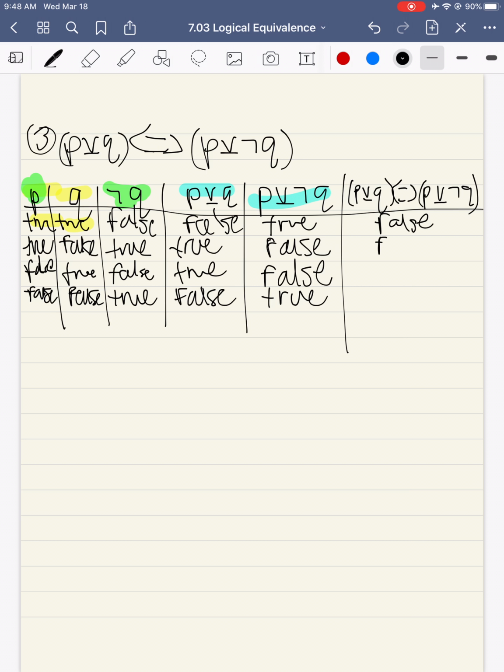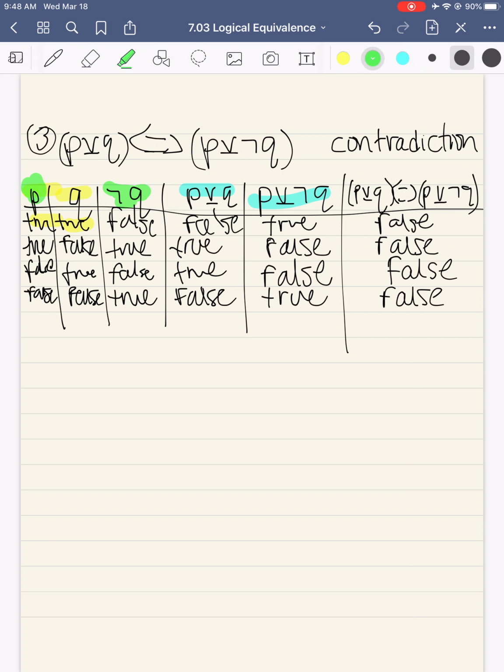True, false is false. True, false is false. And false, true is false. So this is a contradiction. So again, since we have all false here, this would be a contradiction.